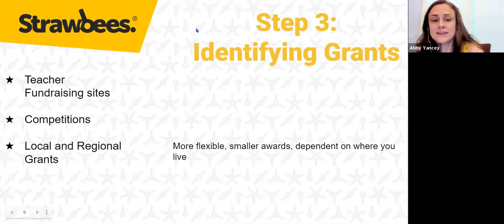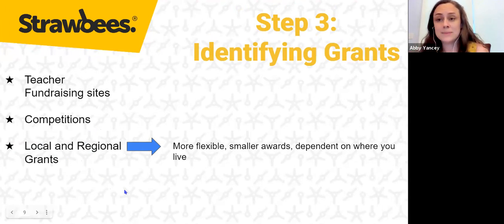A third option, if you're looking for grants, is local and regional grants. And Sam has had a lot of success with local grants. These tend to be very widely available, and they're also more flexible, with fewer requirements and perhaps fewer forms to fill out.